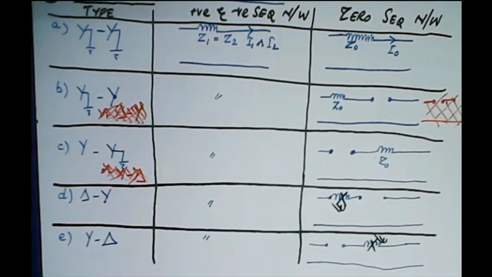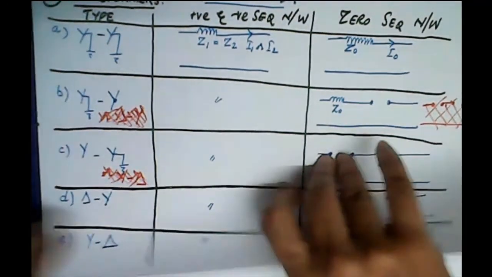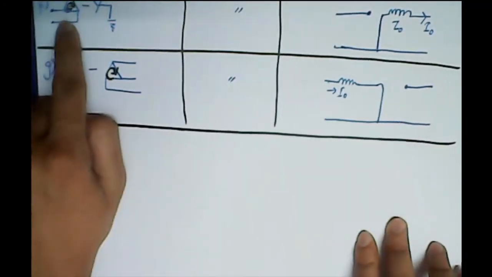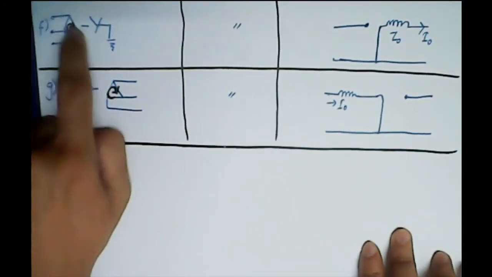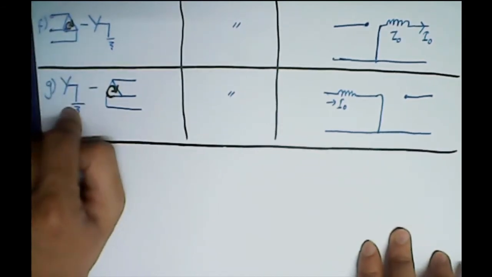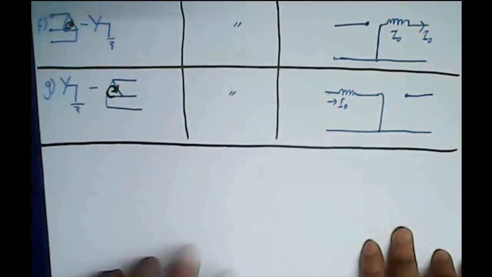Primary is grounded, secondary is Y ungrounded: no current, why? Due to balance. Primary is ungrounded, secondary is grounded: no current due to the MMF balance. If primary is delta, secondary is grounded, current can flow through the secondary because the delta will balance it by the circulating current. Same is the case for primary grounded, secondary grounded. I hope it is clear.